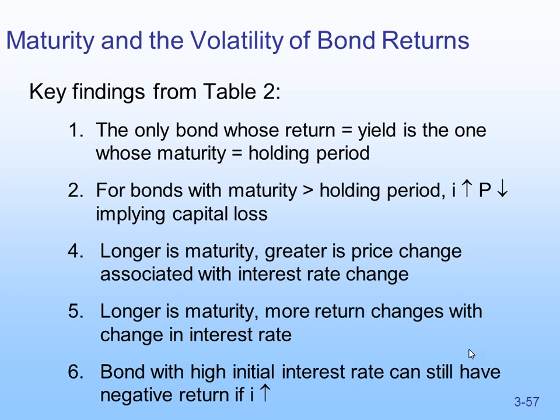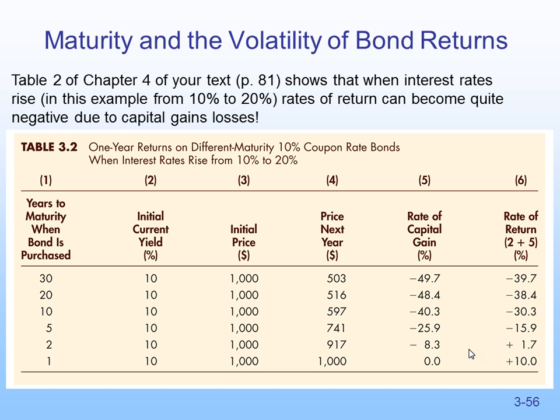Okay. So the only bond whose rate of return equals the initial current yield is the bond who was held to maturity, or whose maturity equals the holding period, and that's the 1-year bond.